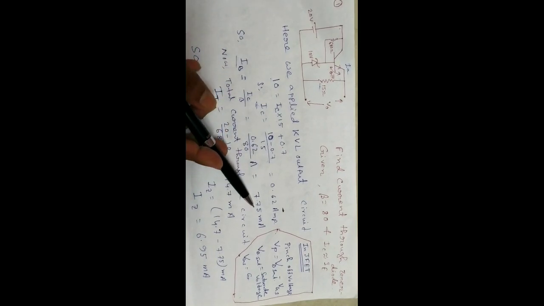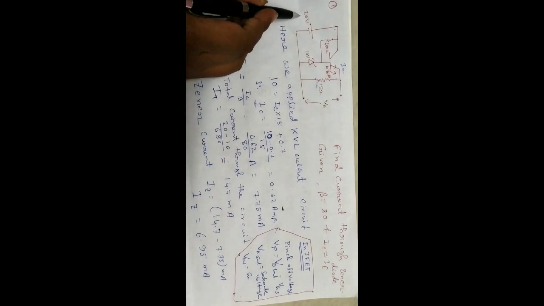So we can write 10 is equal to ICRC plus 0.7. So we can easily find the IC, the collector current. Then we know IC equal to beta into IB, so IB is equal to IC by beta. Beta is given 80 and IC equal to 0.62 ampere. So we easily find IB is equal to 7.75 milliampere.